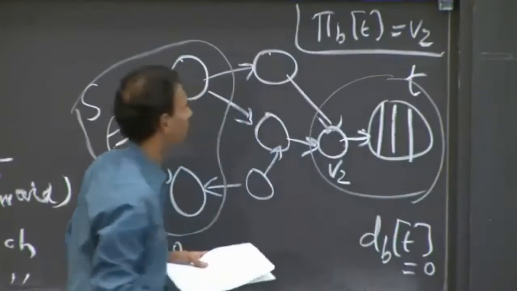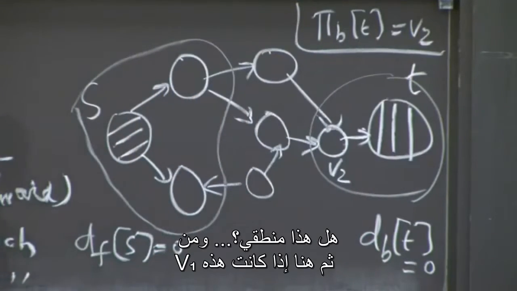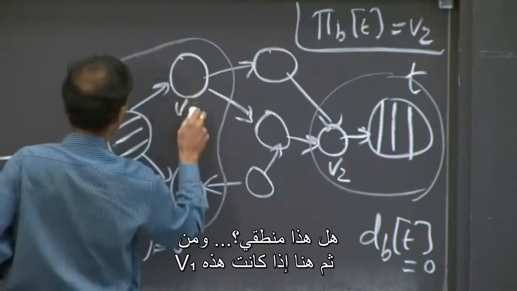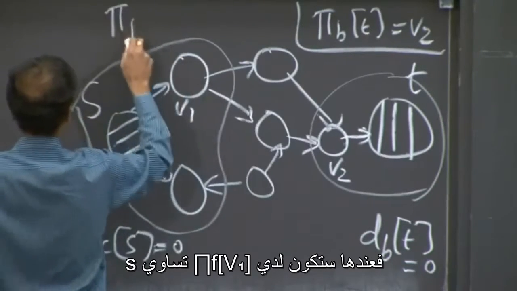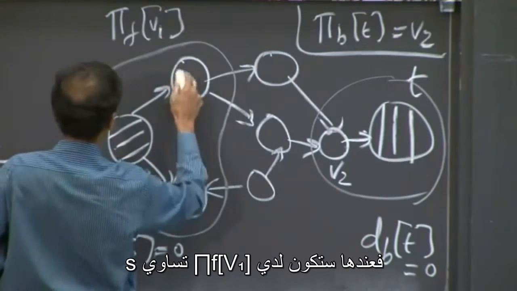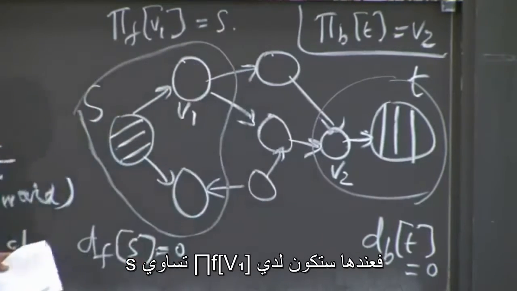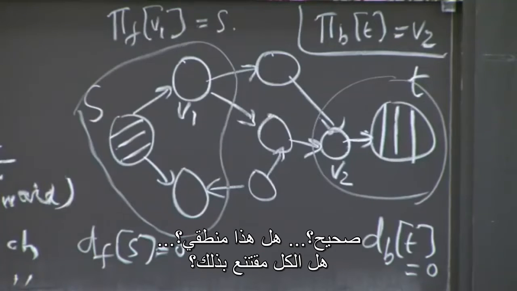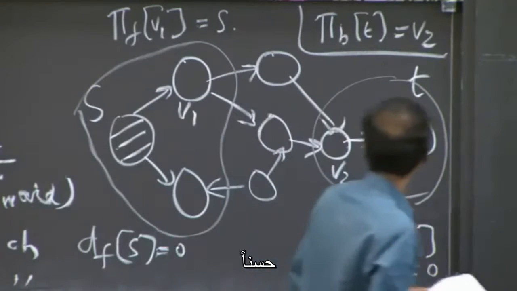Okay? That makes sense? And then over here, if this was V1, then I would have pi f V1 equals S. Right? That makes sense? Everybody buy that? All right.